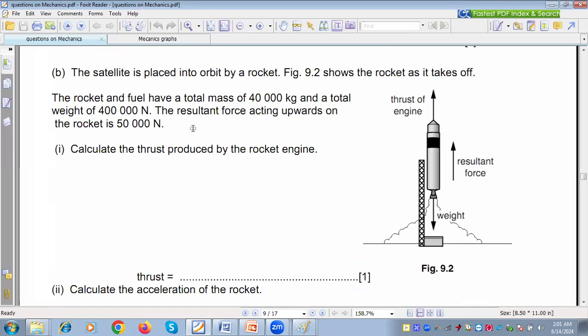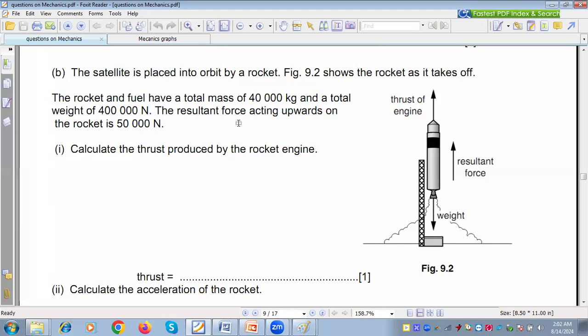This is because it is an old paper, so the value of g was taken as 10 meters per second squared. But according to the new requirement, the value of g is 9.8 meters per second squared, unless you are instructed to take g equals 10. You have to take g equals 9.8 meters per second squared.